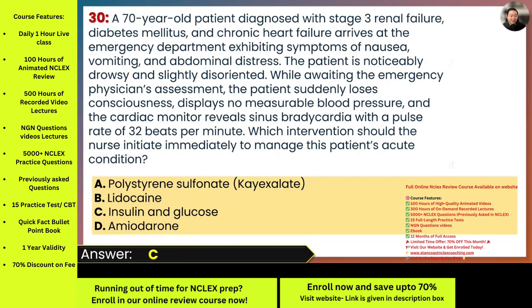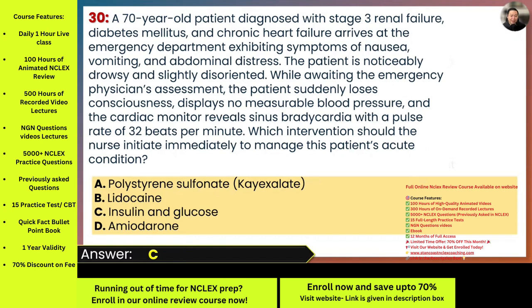Letter A is incorrect. This is the Thiazide. So this is something that is administered orally. If the patient is not able to take it orally, this can be administered rectally as an enema. However, the Thiazide is not something that we should be administering around this time, because we need immediate reversal of the client's condition.